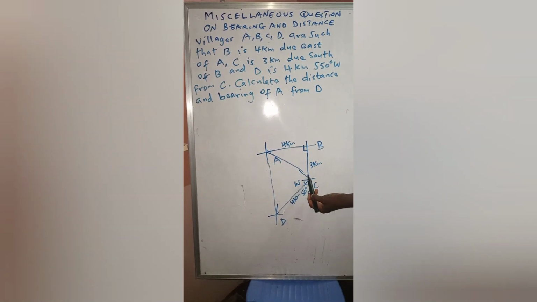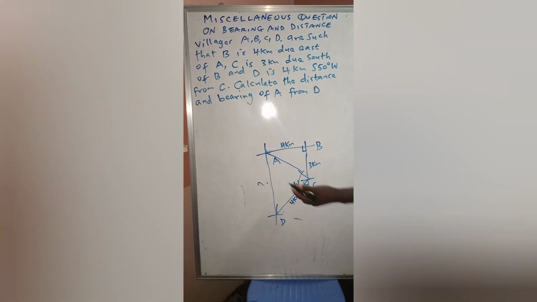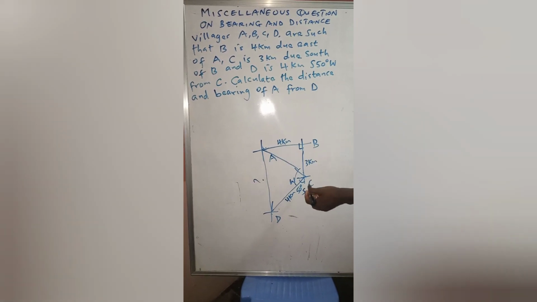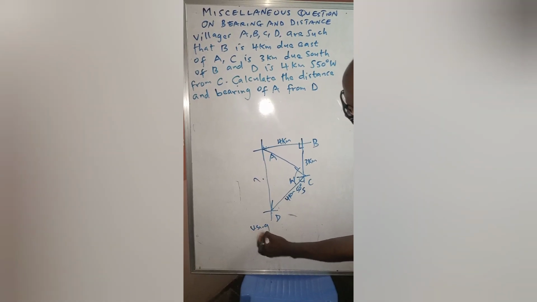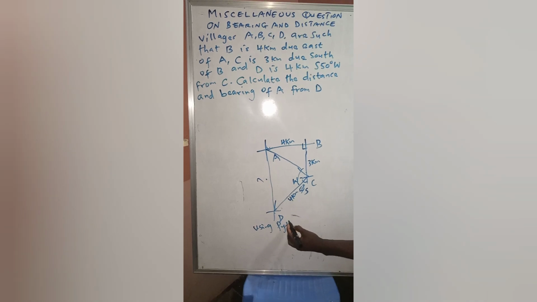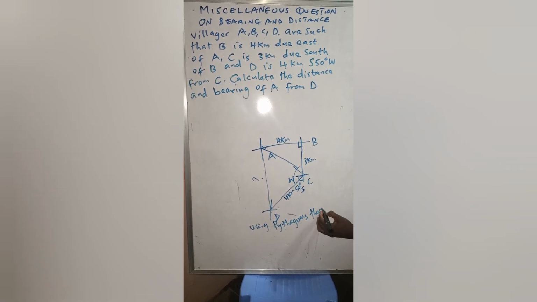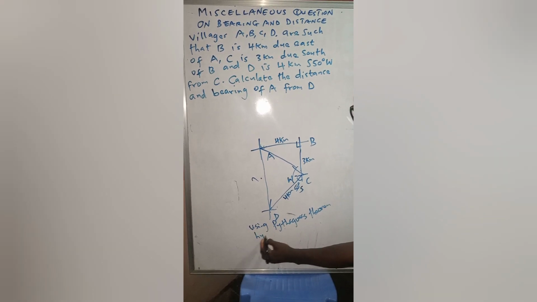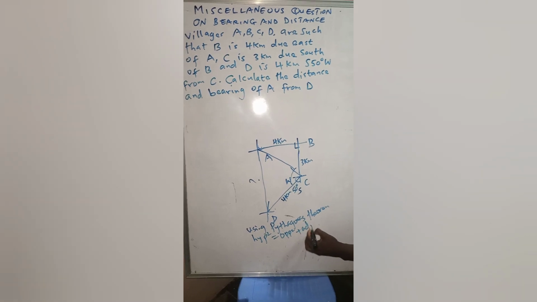If I know here, and I know this angle, and I know here, cosine rule, we find AD. So this is a right angle triangle. Using Pythagoras theorem, hypotenuse square is equal to opposite square plus adjacent square.